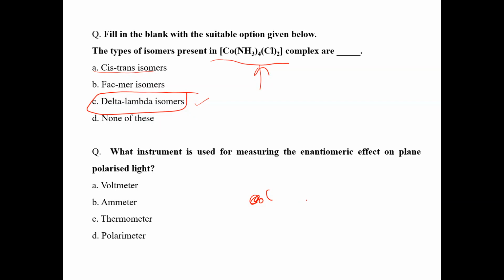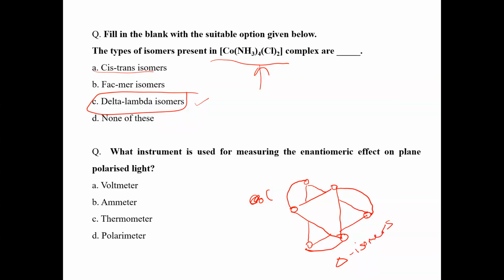If you have a tris-chelate with oxygen donors and this type of arrangement, from the upper triangle to the lower triangle, and then again upper to lower, upper to lower, it will be a delta isomer.